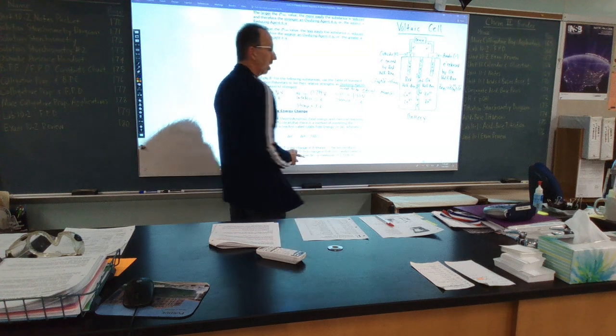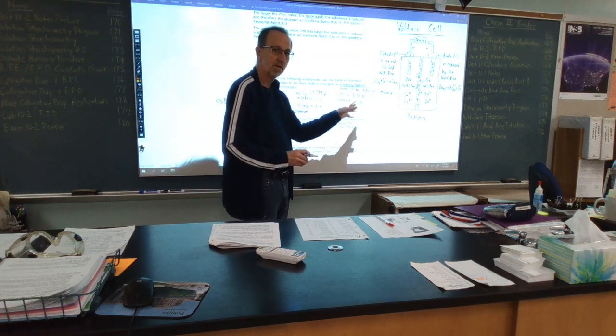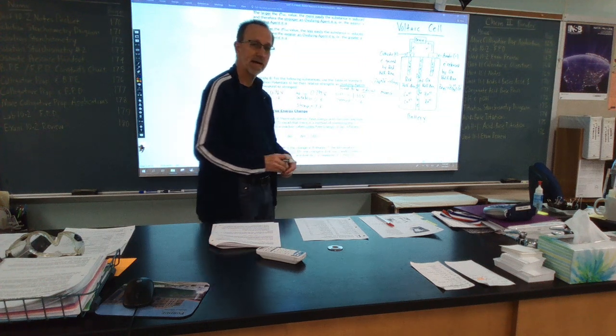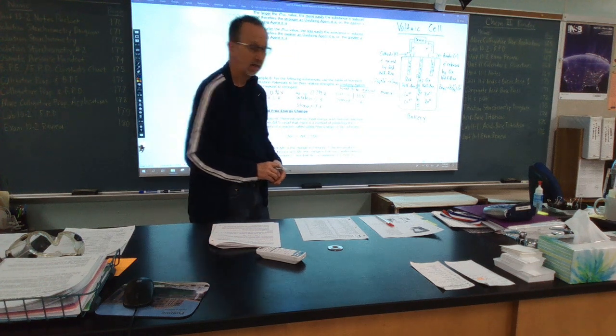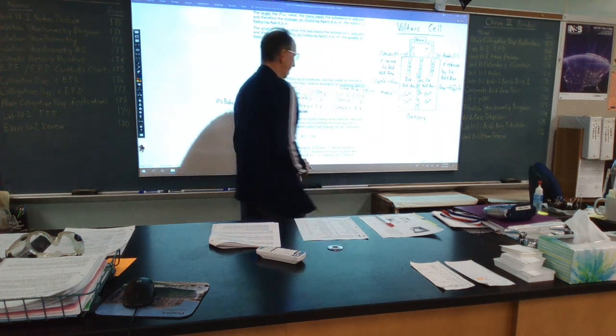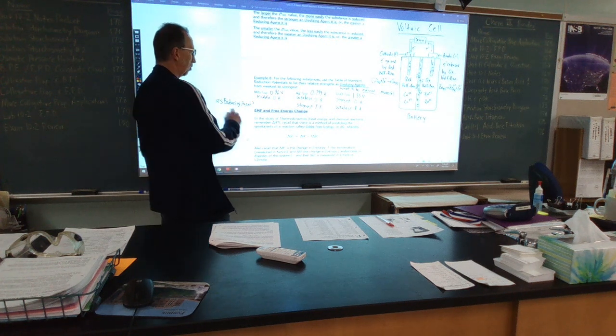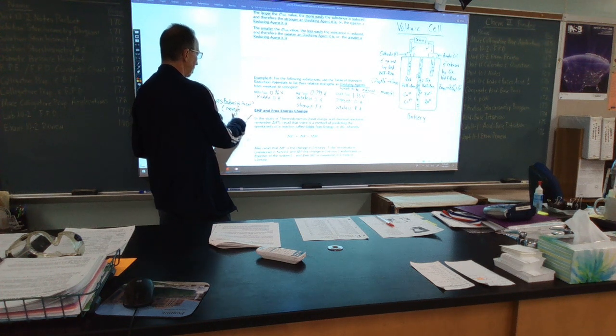This one, which was the highest or most positive value of E, which made it want to be reduced the most, which made it the best oxidizing agent, now is the opposite. This would be the weakest reducing agent, all right? Because as a reducing agent, something that wants to be oxidized, we're looking for something that's more negative.